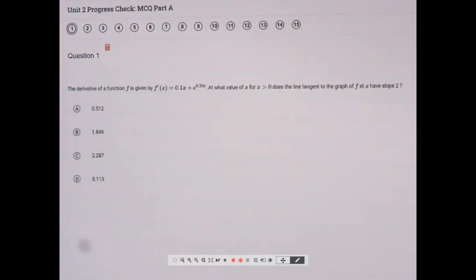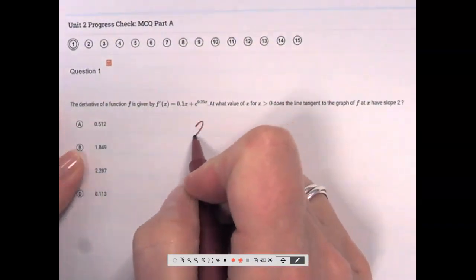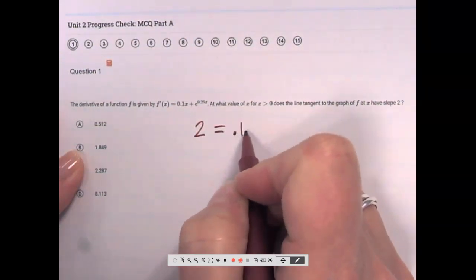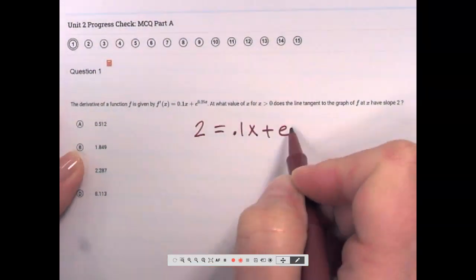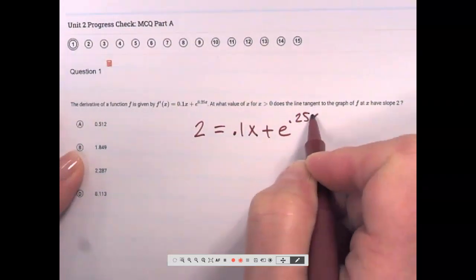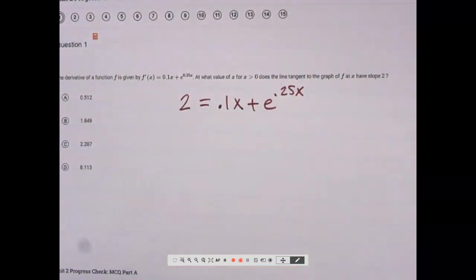You want to find where f prime equals 2, because f prime, the derivative, represents the slope, and I want to know where the slope is 2. So I want to know where 2 equals 0.1x plus e to the 0.25x. Clearly that's not something we're just going to know off the top of our head, so that's what makes it a calculator question.